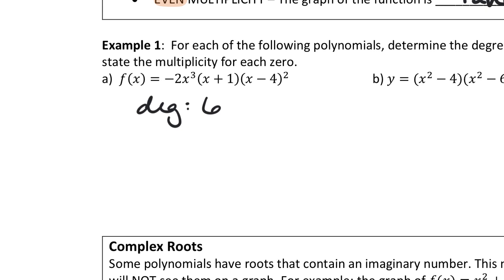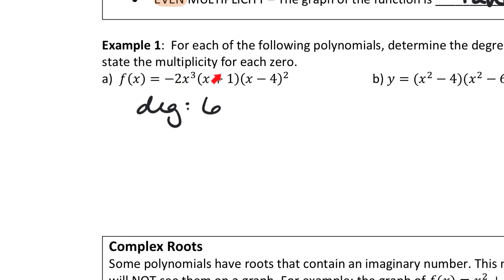Yeah, so not multiplying the exponents. I'm counting the number of x's that would be involved if I were to multiply it out. How many x's are here? 3. How many x's are in this guy? 1. How many x's are in this guy? 2.